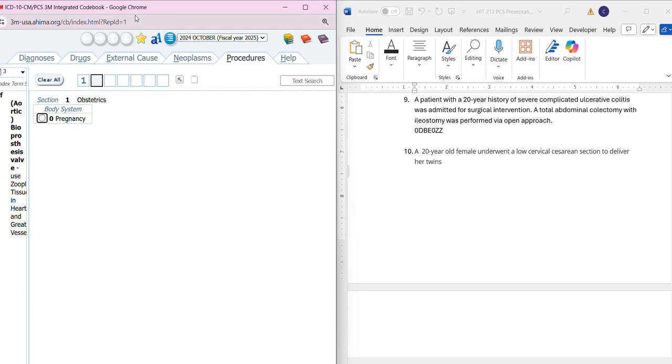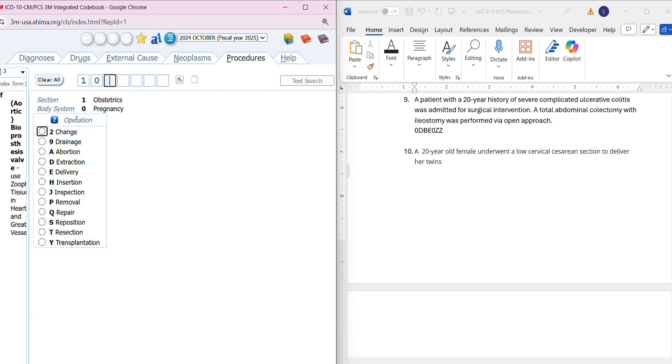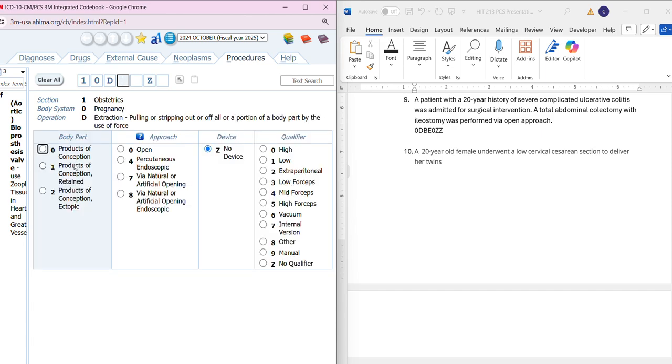And in the obstetrics section, the body system is always going to be pregnancy, which is going to be 0. And for the operation, in this case, it's going to be D, extraction, because essentially that's what a cesarean section is. It is an alternative way to deliver the baby when the baby cannot be delivered vaginally.